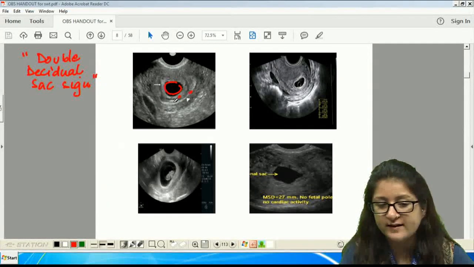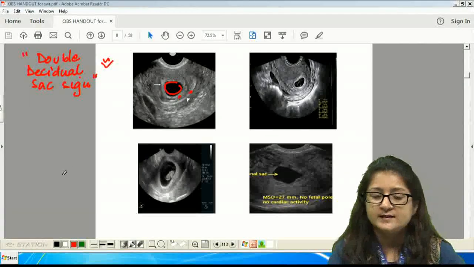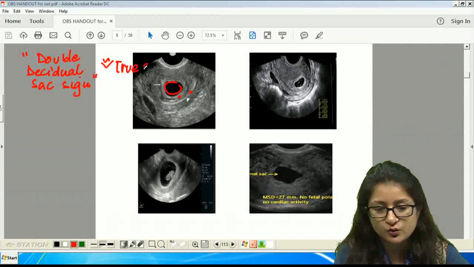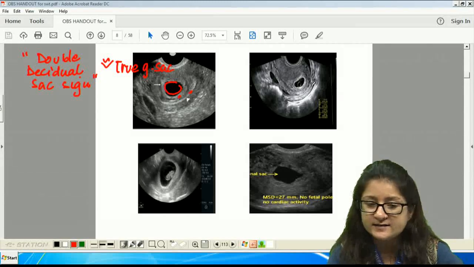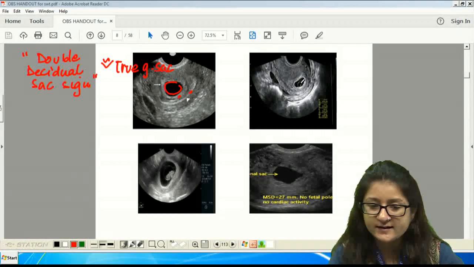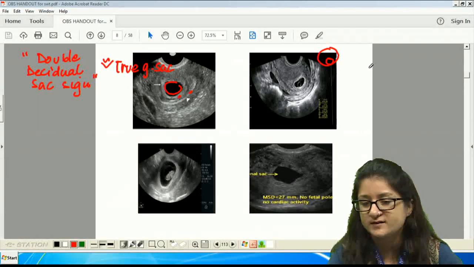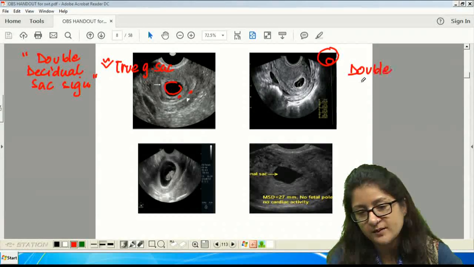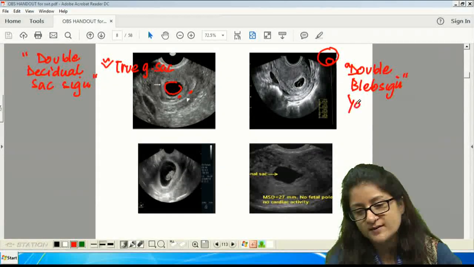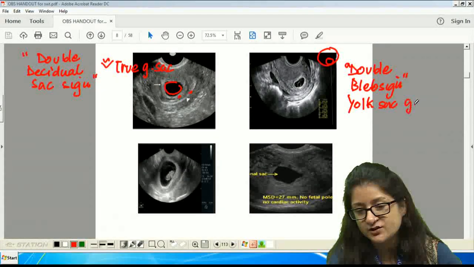These two concentric white lines make up the decidual sac. Inside the gestational sac there is another thin white sac which is the yolk sac. So this is the double bleb sign, in other words the yolk sac inside the gestational sac.